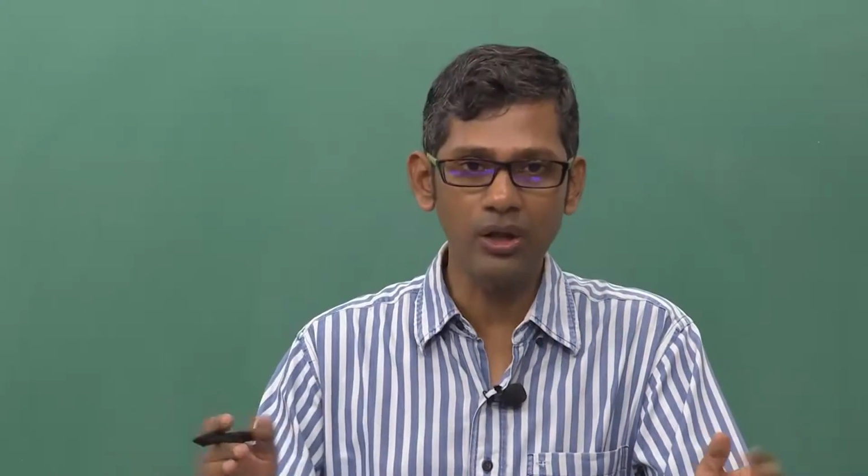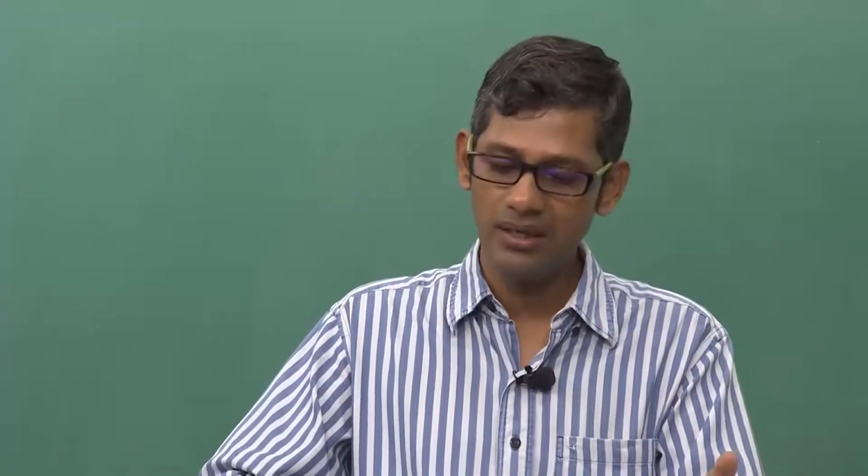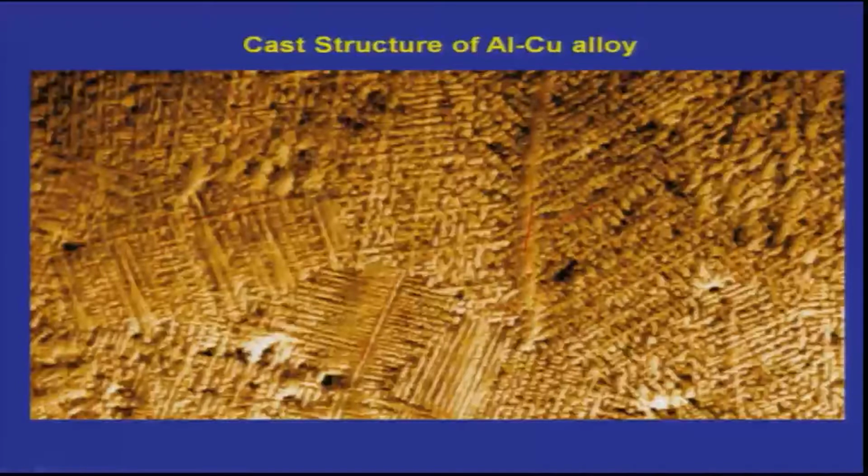This is an alloy, because in a pure metal showing a dendrite is very difficult. The way we show the microstructure is by using an etchant, or some etching process. Etching means we use a chemical, either an acid or a base, to react on the surface of these alloys or metals.